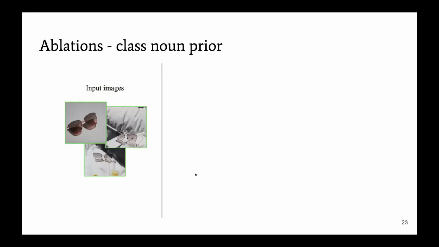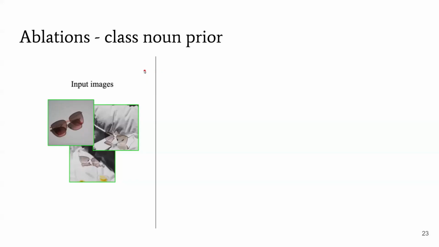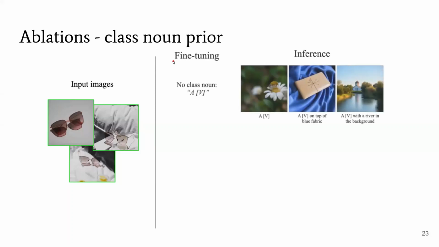Okay, to go over some ablations, we have an example of these sunglasses, and we want to see how the class noun prior is affected. The first test they did is they completely removed the class, so they just have A followed by the rare token. You can see that it wasn't able to generate the sunglasses at all.